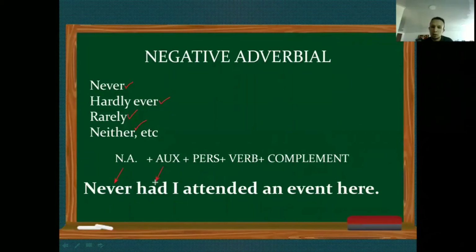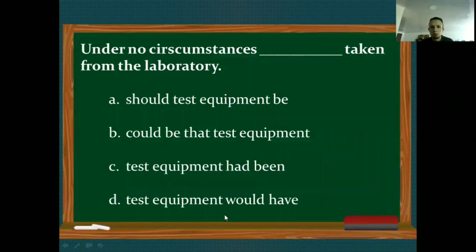Then I use the auxiliary, had in this case. Then I have a person. Then I have a verb. And if I need it, of course, I use the complementary information or the complement. So the structure in here, it says, first the negative adverbial, then the auxiliary, and then the person or subject that I'm talking about. Okay, now let's go to the sentence that we were solving before in order to get it.